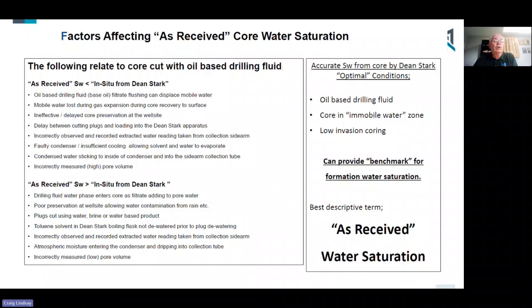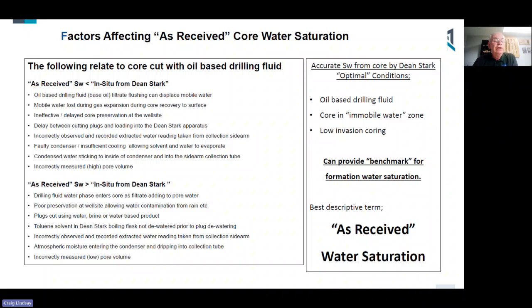And as I've got here, some of the factors that can reduce the water saturation: we can have some kind of flushing with drilling mud filtrate if the core water is mobile. We can have gas expansion as the core's brought to the surface. We can have incorrect handling of the cores and so on, and problems with the lab if the tests are not conducted properly.